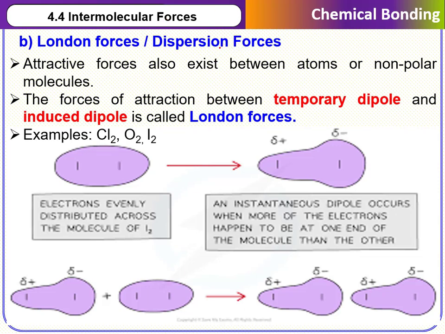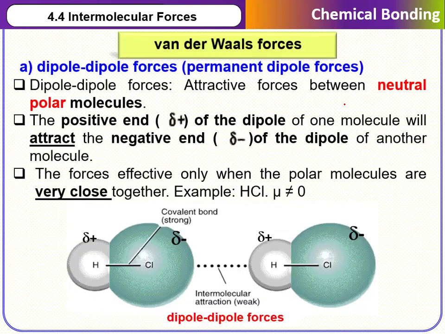Okay, next is London forces or London dispersion forces. It is an attractive force that exists between atoms or non-polar molecules. It is a temporary dipole only. Temporary. Bersifat sementara. Instead of dipole-dipole forces tadi, it is a permanent dipole yang kekal. Kenapa ini kekal?